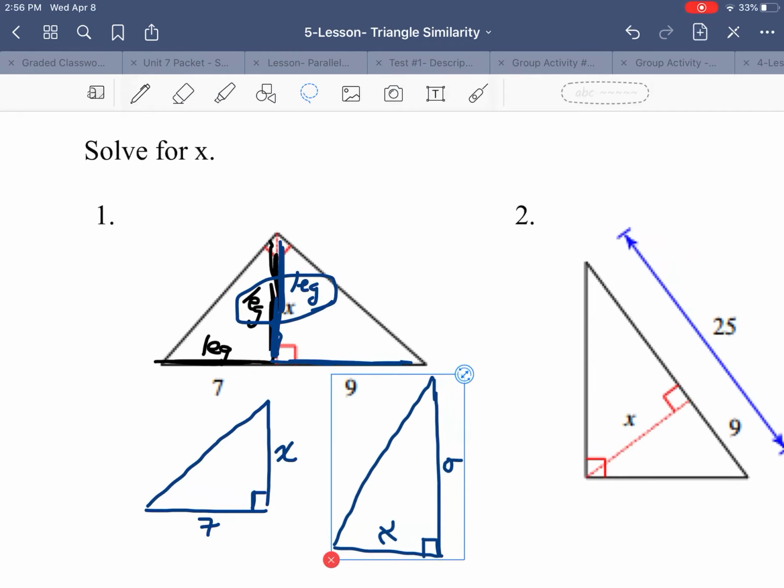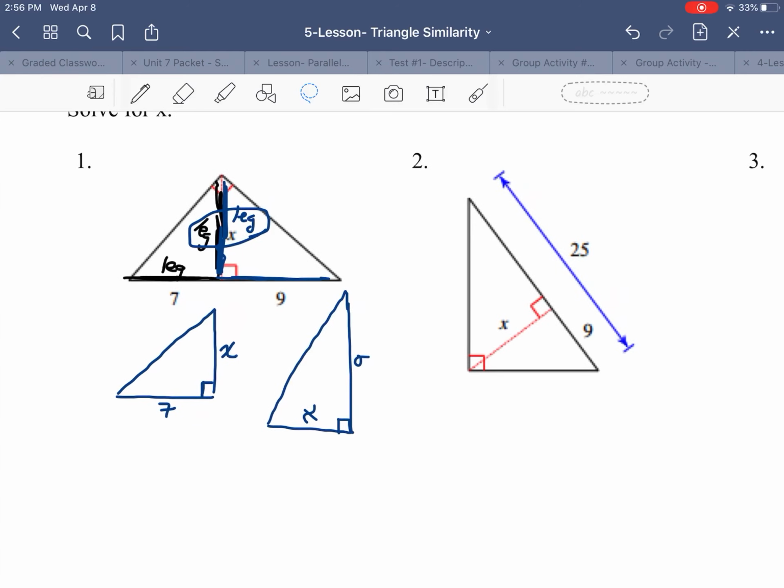All right, so I'm flipping it over on its side. And now I have the appropriate relationship between the two triangles, because now my corresponding sides should be in proportion.